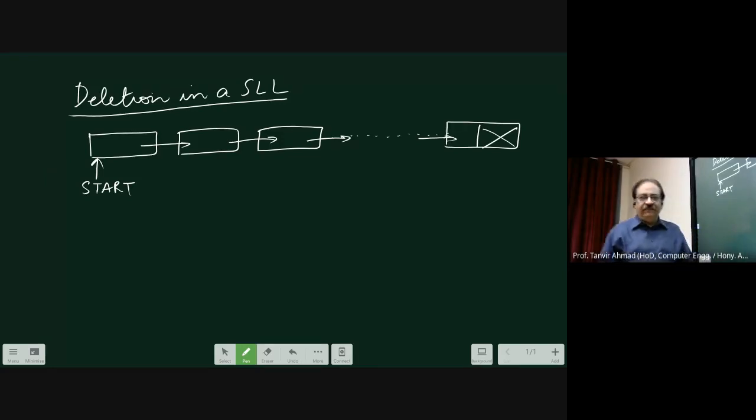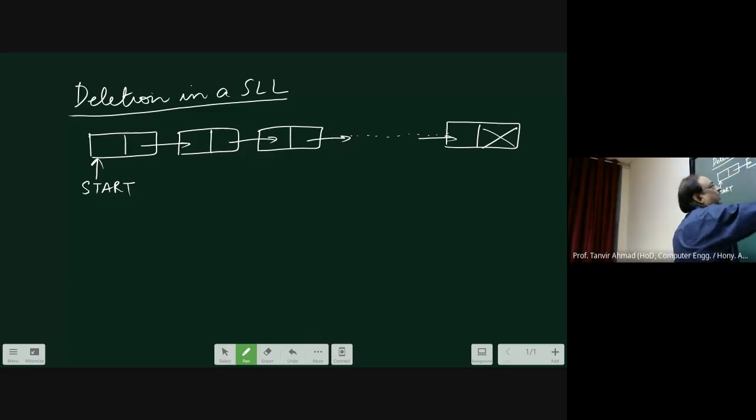People use other different names. It could be head or start, where you will have one part as data and one part as link. Now, in this case, the data could be say A, B, C, something like say R.